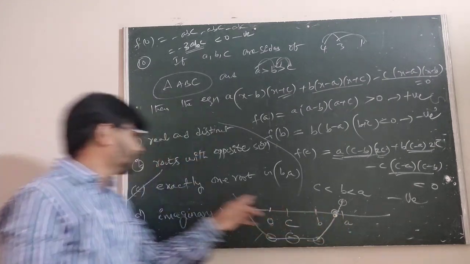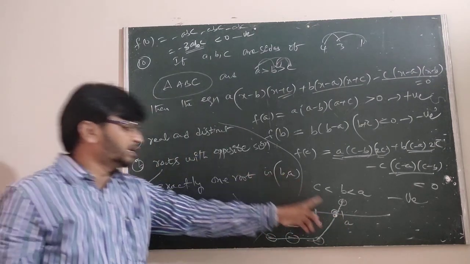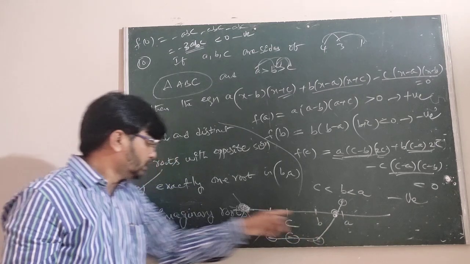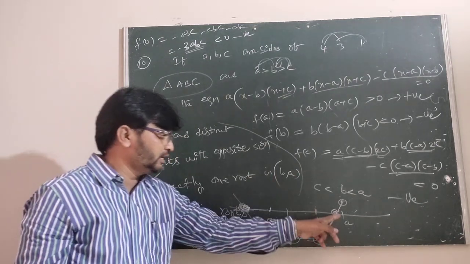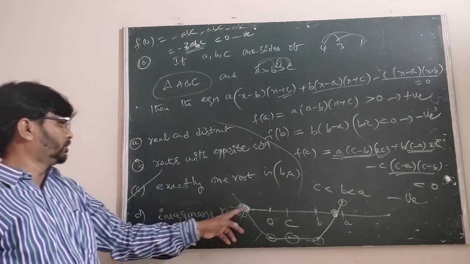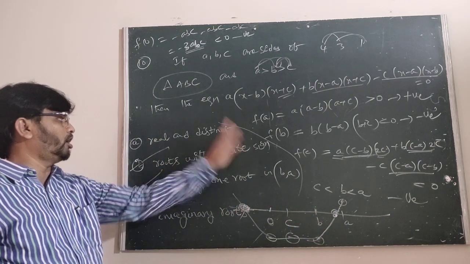Exactly one root lies in the interval b to a, and that must be a positive root. Below 0 there is a negative root. One is the positive root and the other is the negative root. Therefore the roots have opposite signs.